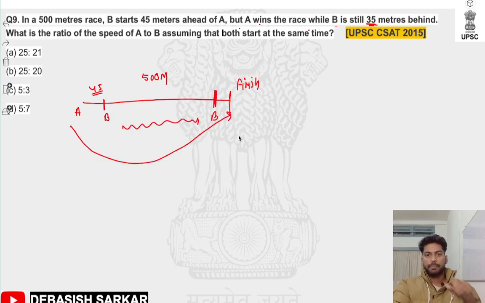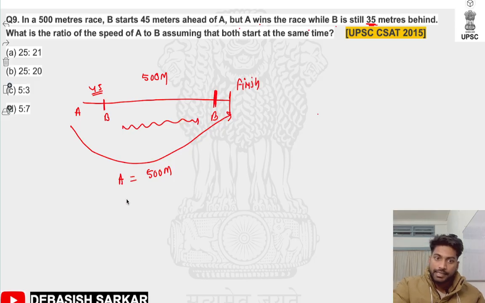So now tell me, they both started running. A has completed 500 meters. A ran 500 meters. At the same time B has run, देखो यहाँ पे तो 45 less भागा है, he skipped 45 first and then he couldn't complete the last 35.